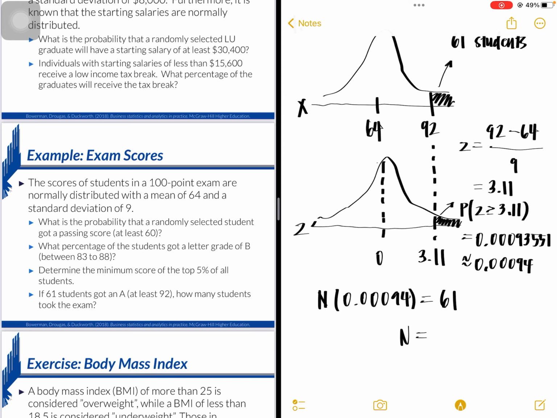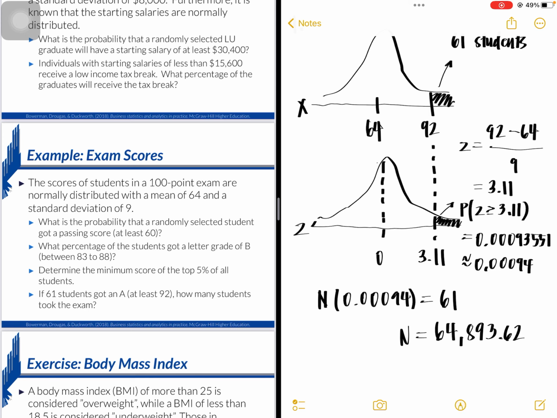Using simple algebra, we estimate that the total number of students must be 61 over 0.00094, or approximately 64,893.62.